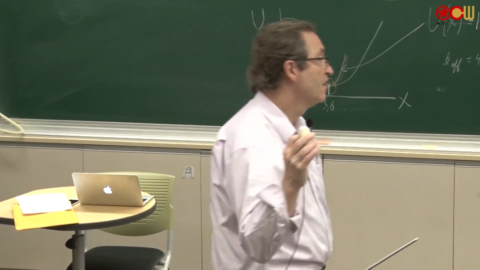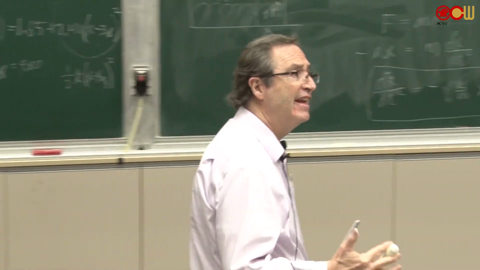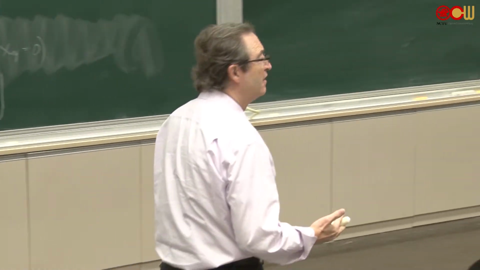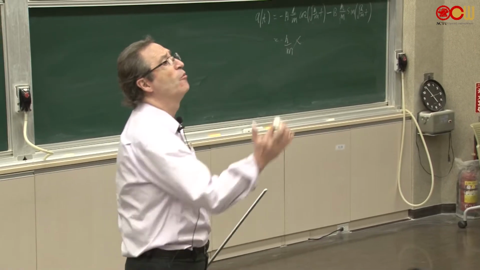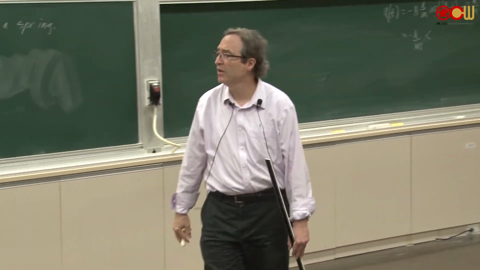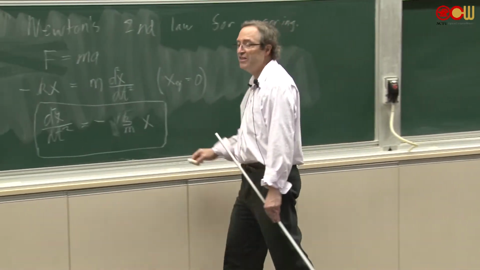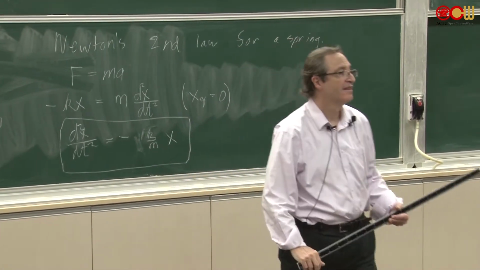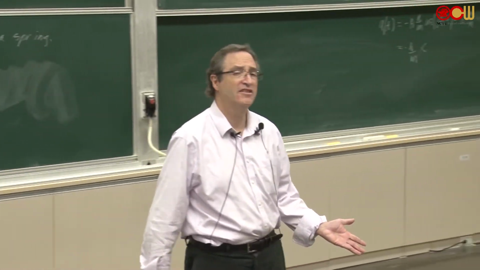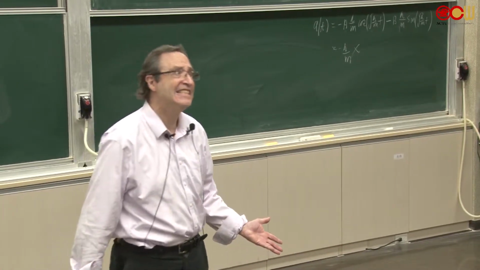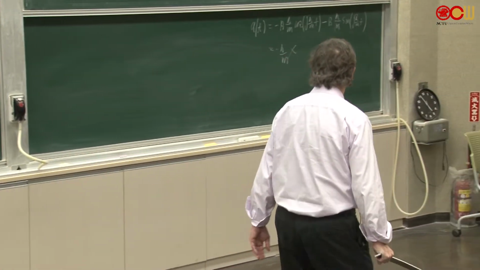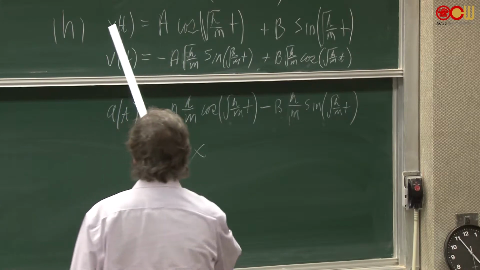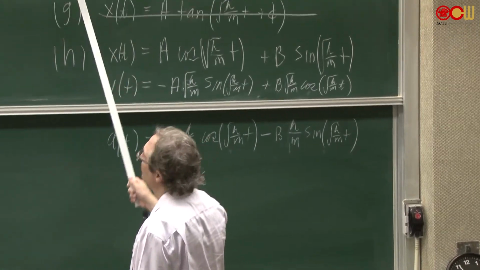So notice there are many ways of writing the answer. I could write it even more ways. There are ways of writing it using imaginary numbers, for example. And actually, in advanced courses, you usually do that because it's easier. So h is good, e is good, f is good.